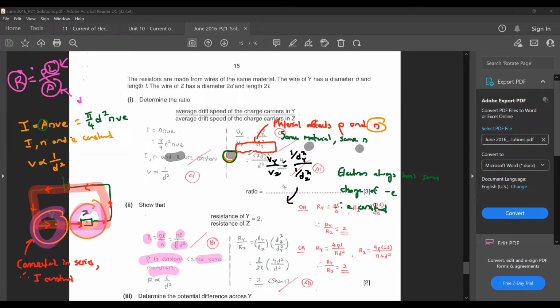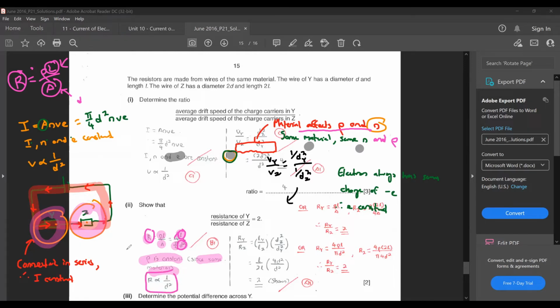Just like I mentioned, same material means same n and rho. So if rho is constant here, that means R is proportional to L over d squared. This is the relation that you have.